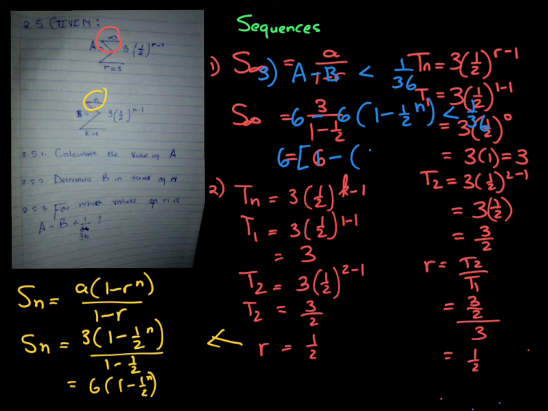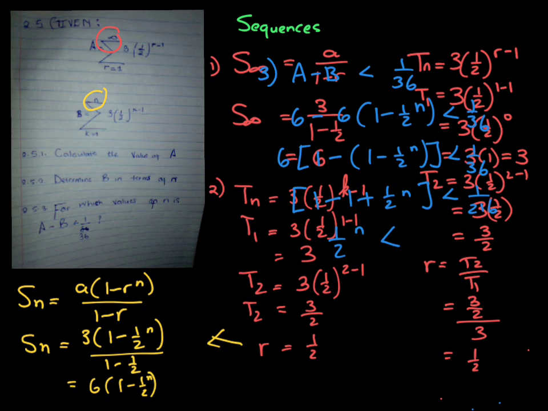We are then going to take out 6 as a common factor. We divide by 6, so it becomes 1 minus 1 plus half to the power n less than 1 over 36 divided by 6, which gives me 1 over 216.